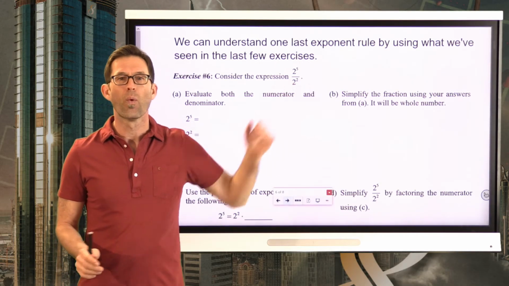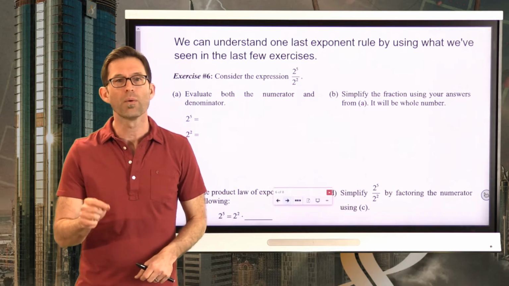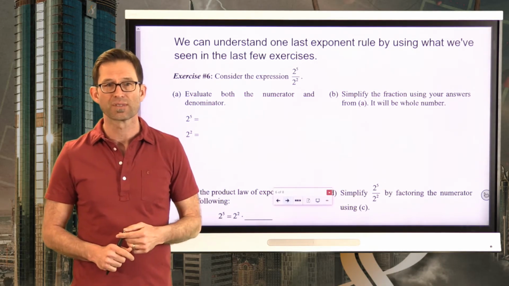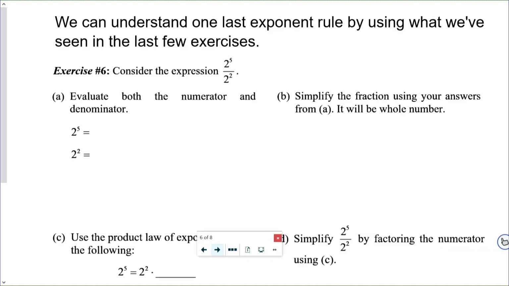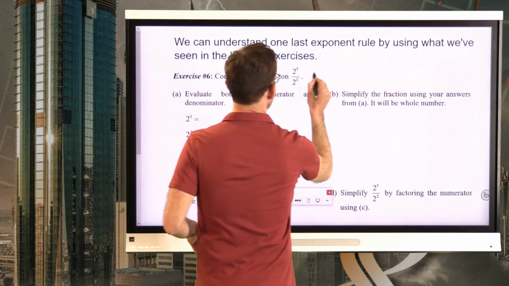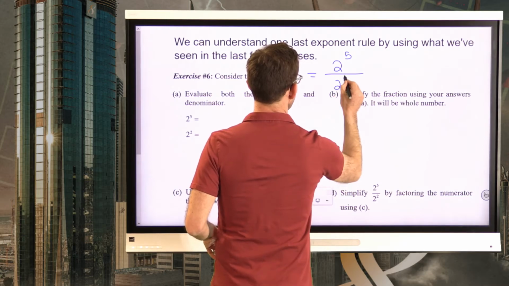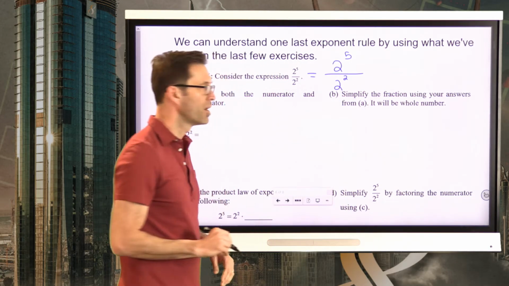We can understand one last exponent rule by using what we've seen in the last few exercises. Let's take a look at exercise number 6. Consider the expression 2 to the 5th divided by 2 to the 2nd. All right, I'm going to write this a bit bigger right here. 2 to the 5th divided by 2 to the 2nd. Okay.